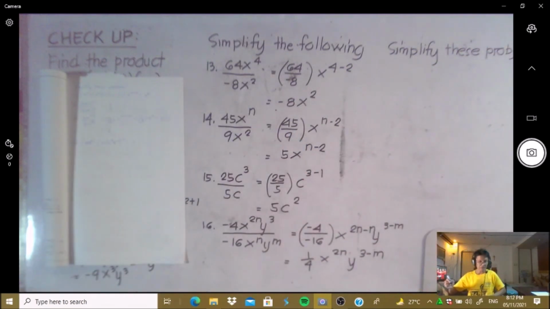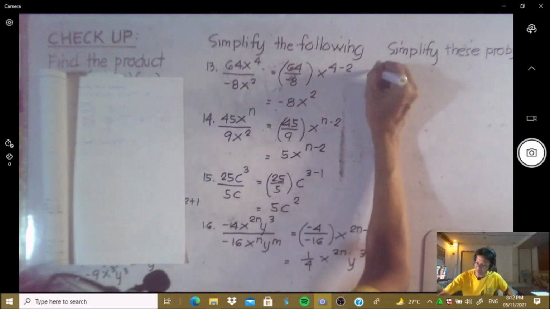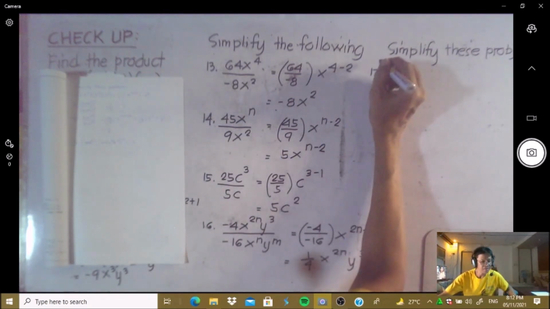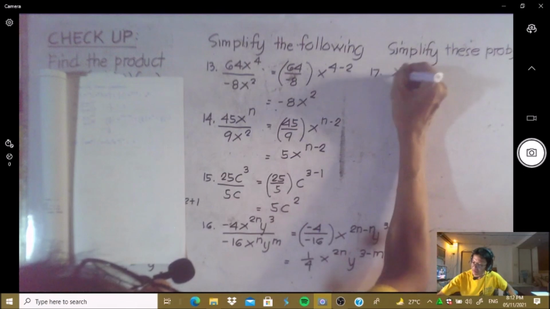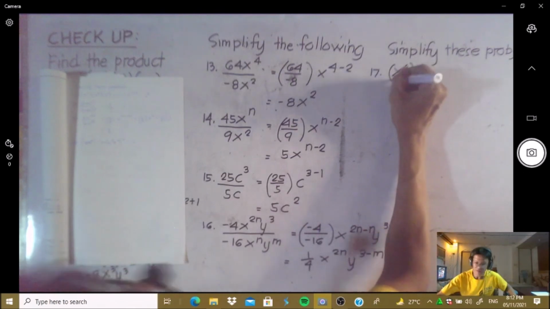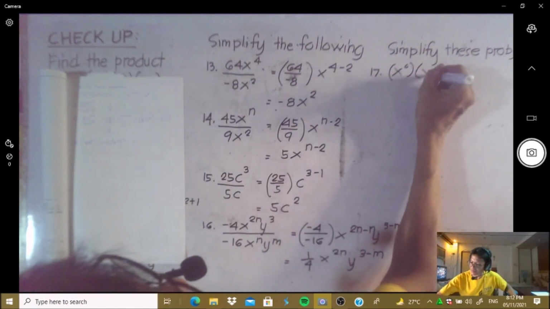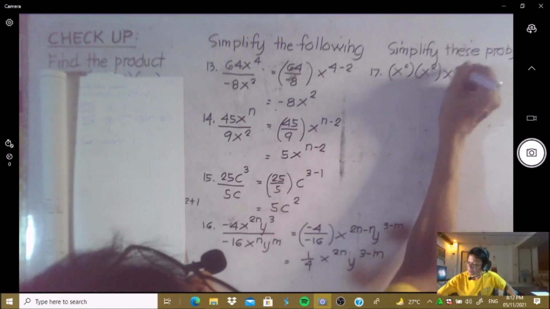Okay, so we have number 17, x raised to 0 multiplied by x squared, then x cubed.